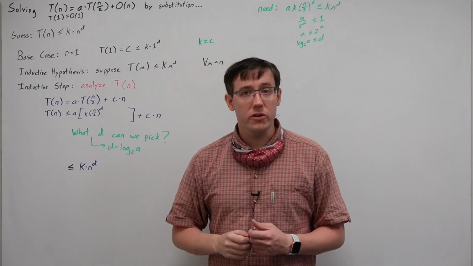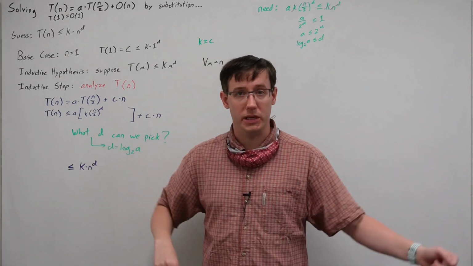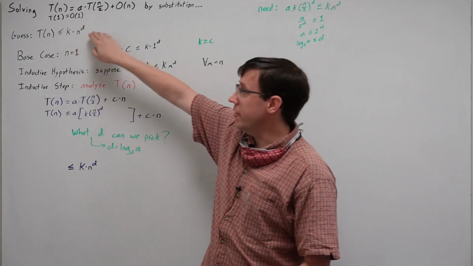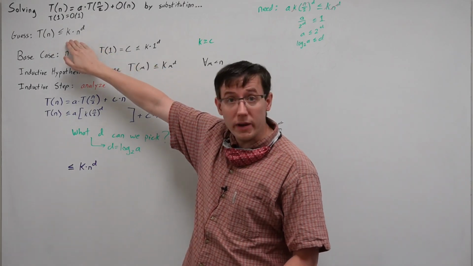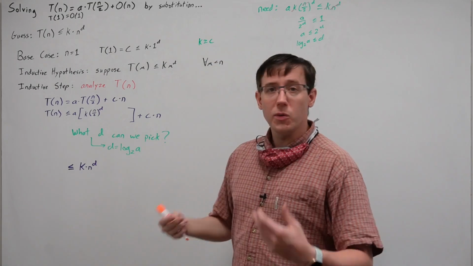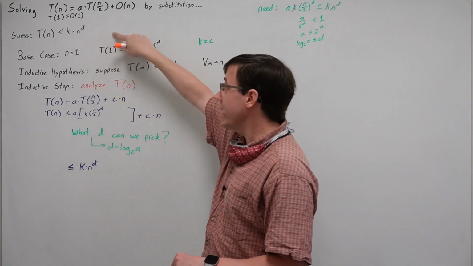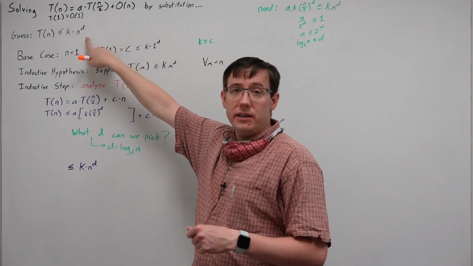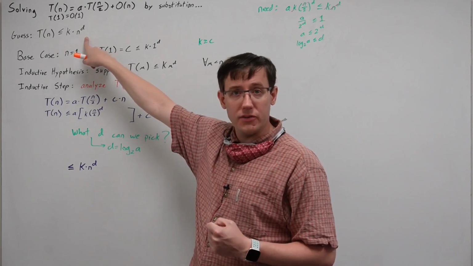And here we're going to come back to a trick that I mentioned last time but didn't actually use, which is we can add something to our guess that is of lower degree and will go away in the big O analysis. Specifically, we can modify our guess to add a linear term, and as long as d is at least 1, that's not going to change our big O analysis.